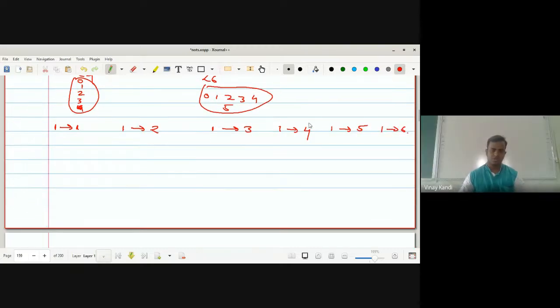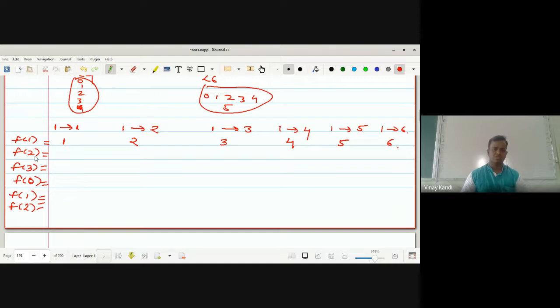Okay, directly here for 1, here for 2, here for 3, here for 4, but 4 is equivalent to 0. Here for 5, it is equivalent to 1, and f of 6 is again 2 in Z4. Okay, 6 is equivalent to 2 in Z4, which is equal to 1 maps to 1, 1 maps to 2, 1 maps to 3, 1 maps to 4, 1 maps to 5, 1 maps to 6.